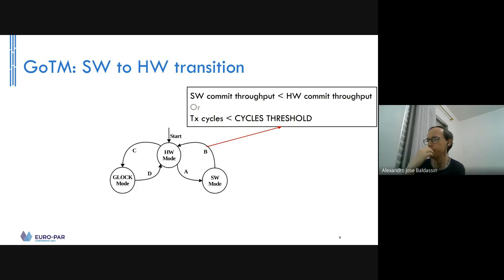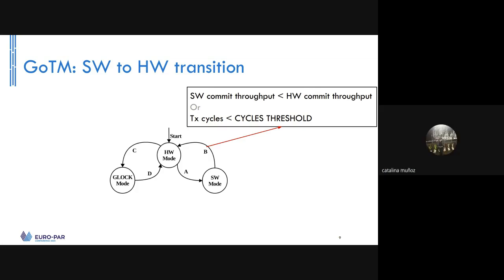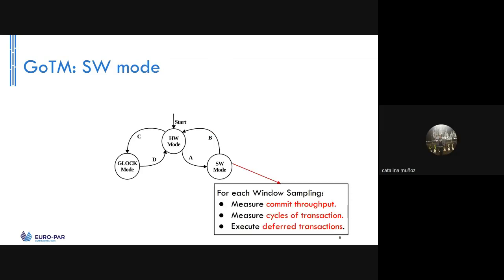But that's not what's happening here. We also restrict that by keeping a sampling window, a fixed parameter that we choose experimentally, which limits the execution in a single mode for at least a portion of the time, just to avoid going back and forth. Okay, great.